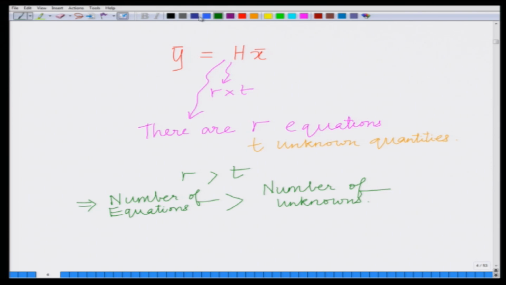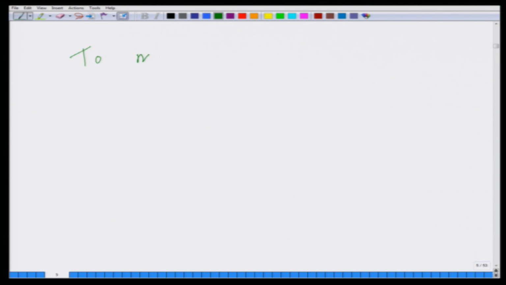Therefore, what is the best that we can do in this scenario? Since we cannot exactly solve for x, we can denote this error as y bar minus H x bar, and the best we can do is to minimize the norm of the error squared, which is basically minimizing norm y bar minus H x bar squared.